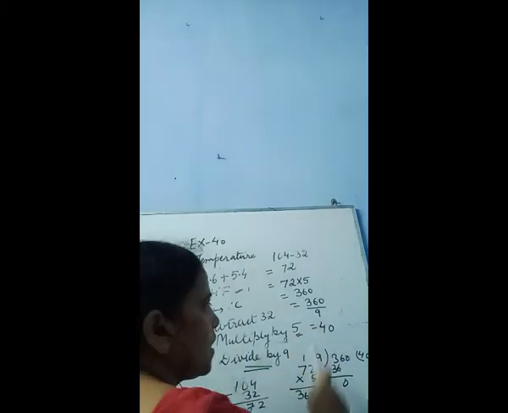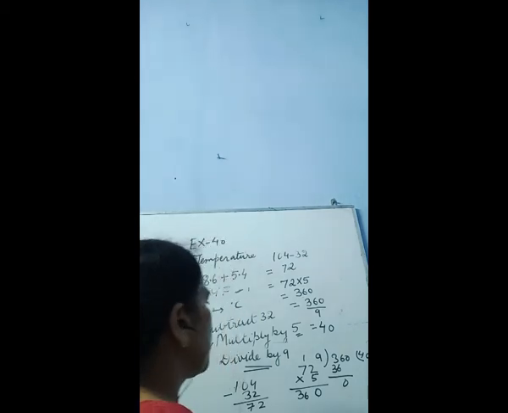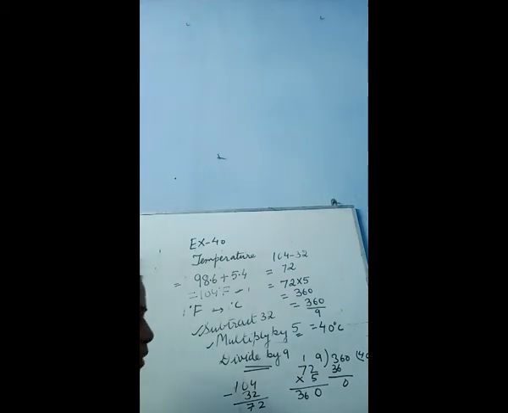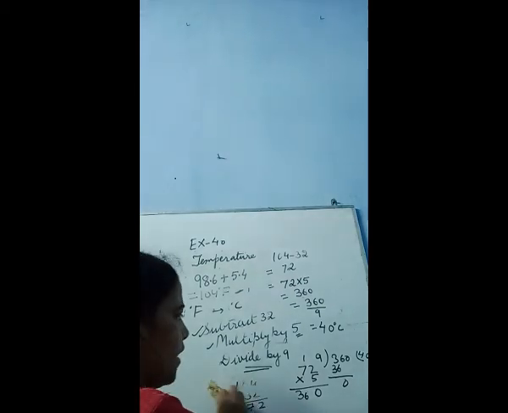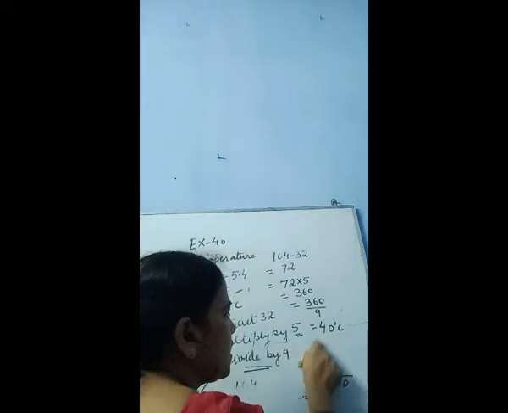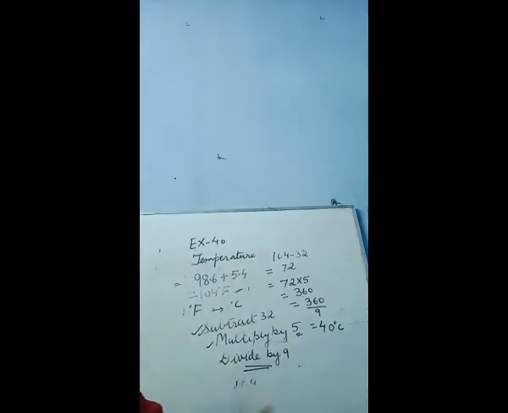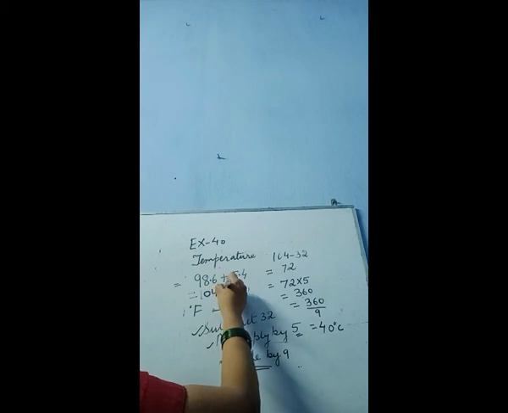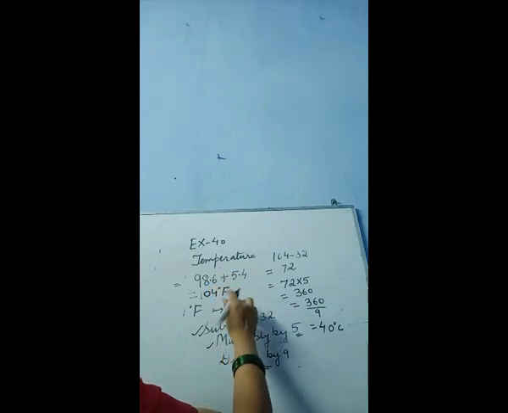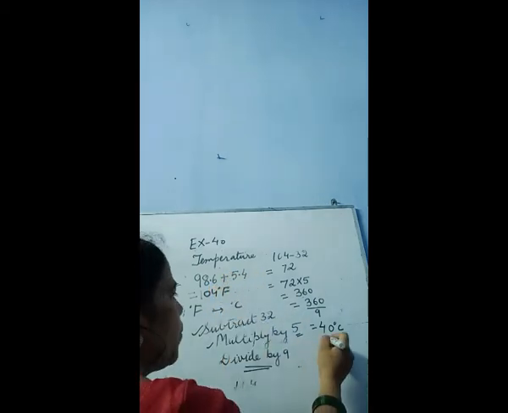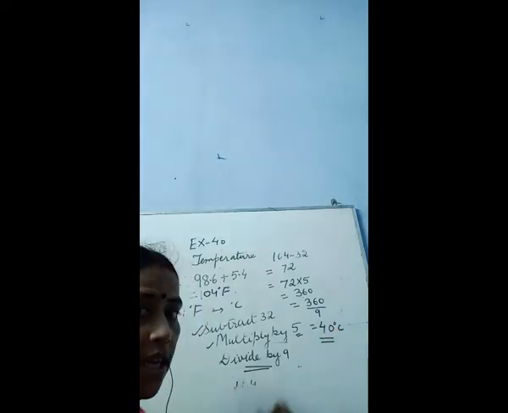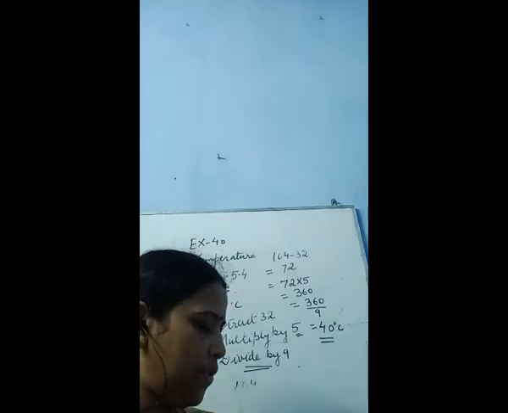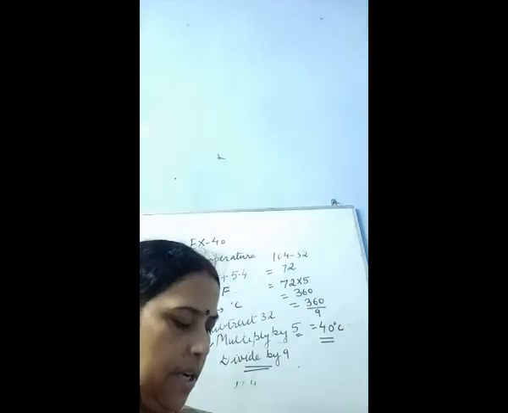So this is the temperature in degrees Celsius. So 104 degree Fahrenheit, when we convert into degrees Celsius, we get 40 degrees Celsius. Only this you have to do in question number 10.